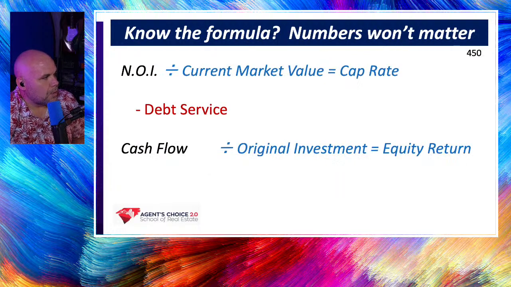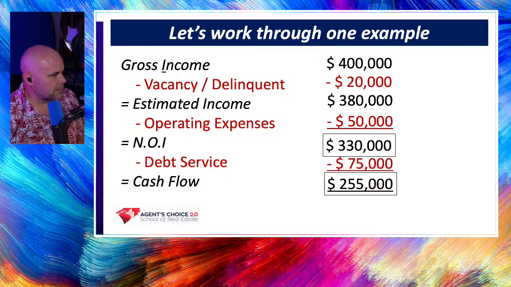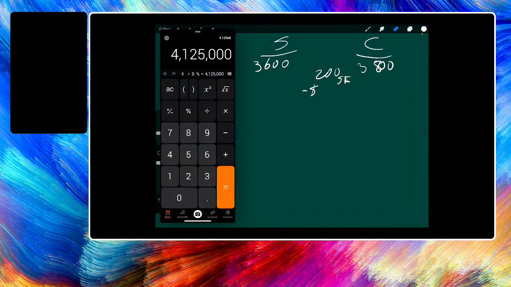So if we take the NOI and divide by the cap rate, what was the NOI? It was 330. 330 divided by the 8% means that we would need to buy it for not more than 4.125 million.